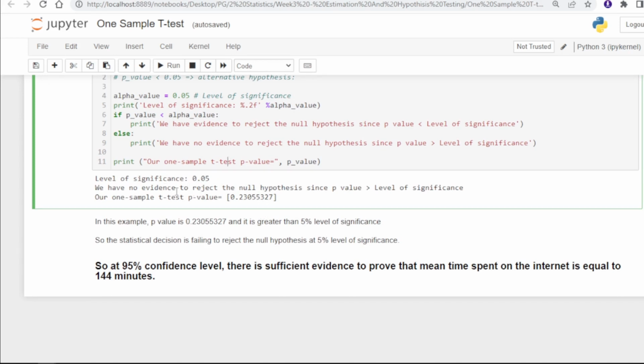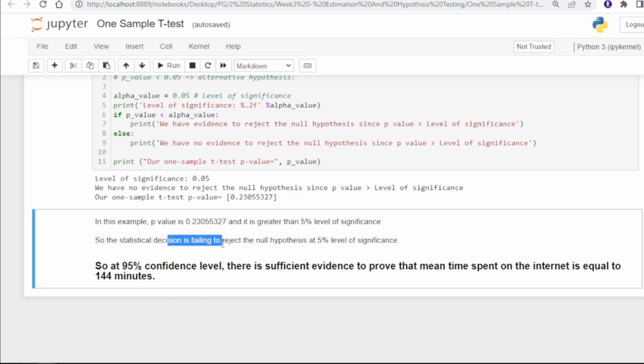So this is our level of significance, and our one sample t-test p-value is 0.23. In this example, the p-value is 0.23, and it is greater than the 5% level of significance. So the statistical decision is failing to reject the null hypothesis.